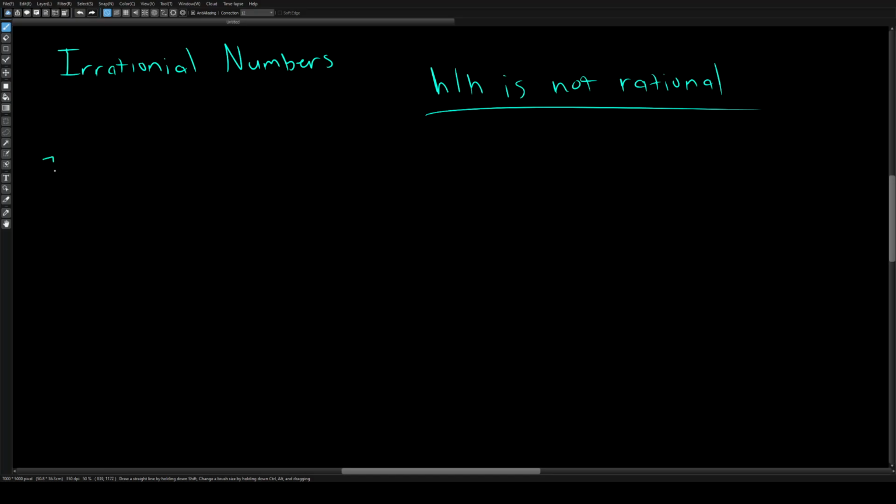So we'll have square root of 25. Then we will have 33 over 9. Then we'll have square root of 11. Then 17 over 34. And then we'll have a repeating decimal.